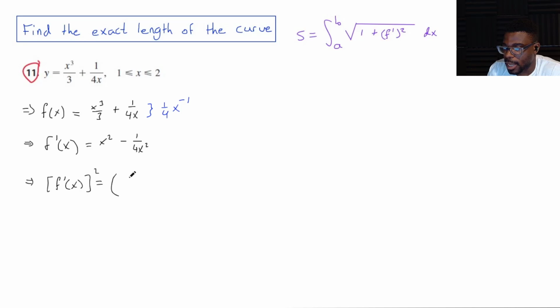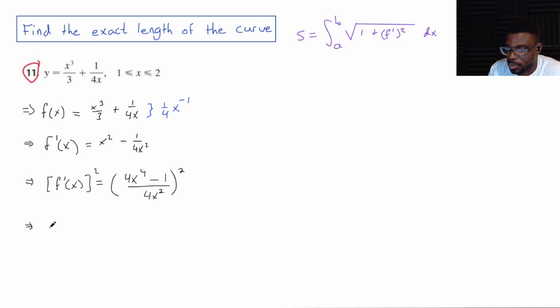So we're going to have 4x to the power of 4 minus 1 divided by 4x squared, all squared. Okay, so this looks good. x squared times 4x squared gives you 4x to the power 4. And you have the minus 1 here divided by the 4x squared.